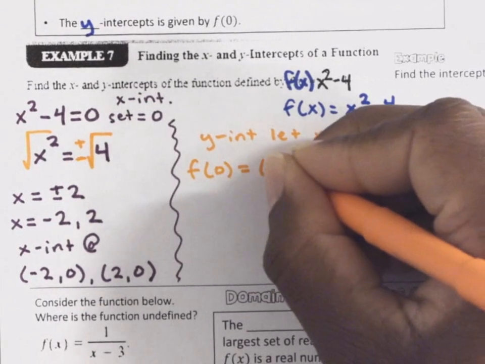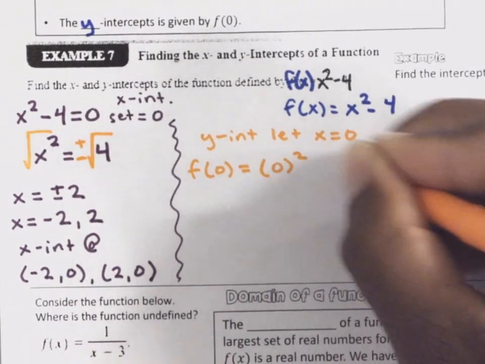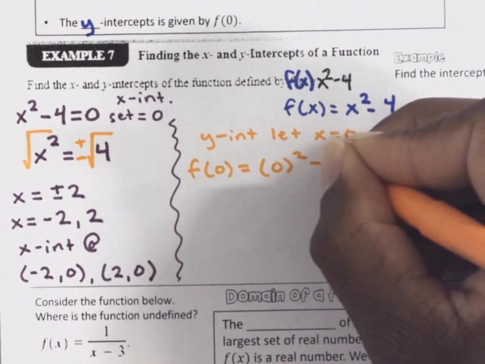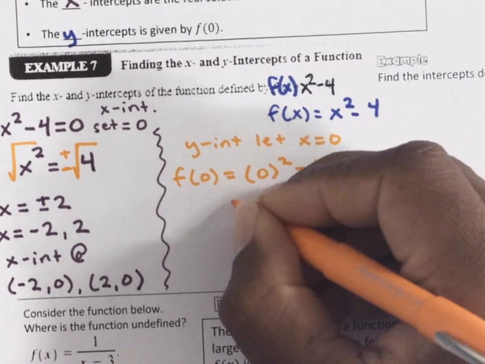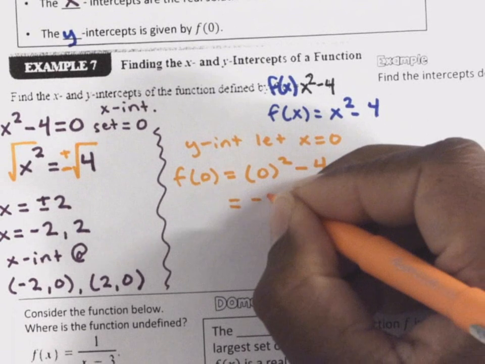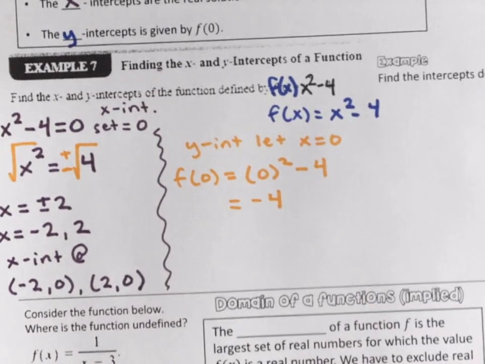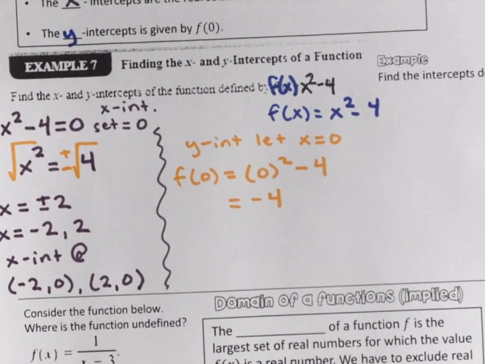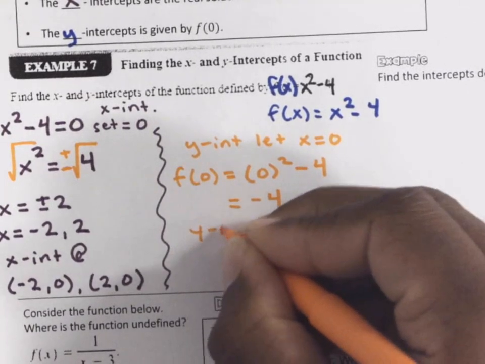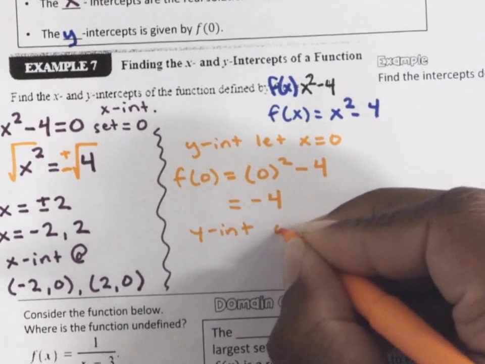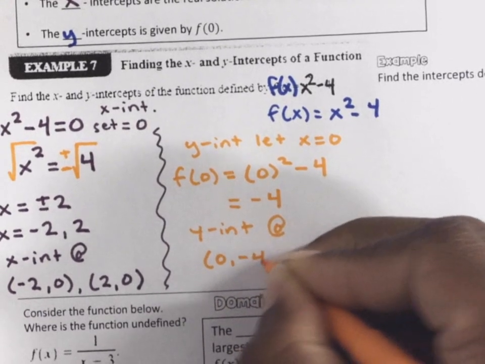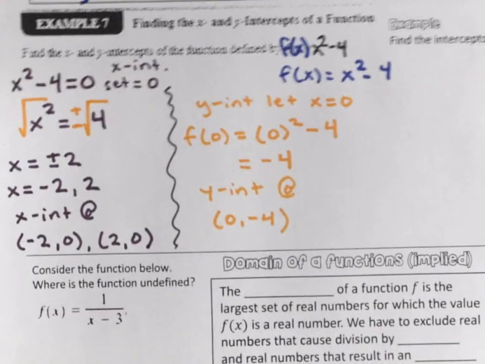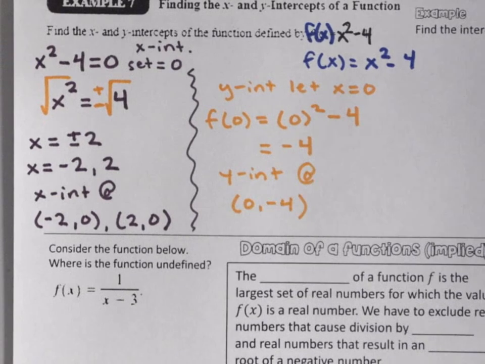So I will replace the x squared to be 0 squared, and then I will subtract 4 from it. What's 0 squared? 0. So my answer will come out to be just negative 4, right? So when x is 0, y is negative 4. So at this point is where I have my y-intercept.